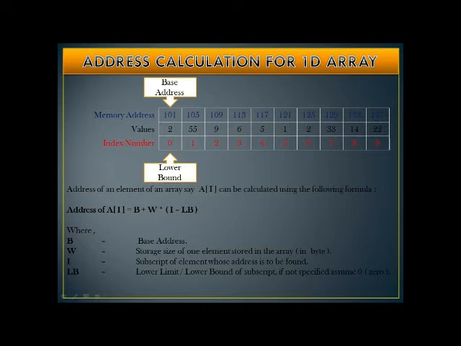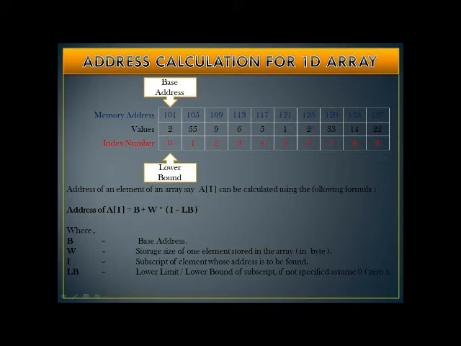Suppose this is a 1D array named A of size 10. Then the index numbers should start from 0 till 9, isn't it? These index numbers are written on this screen in red ink. Each index number represents a cell, and each cell has a value.